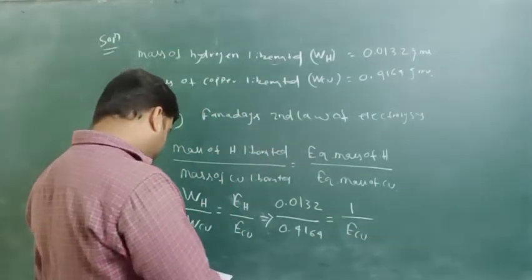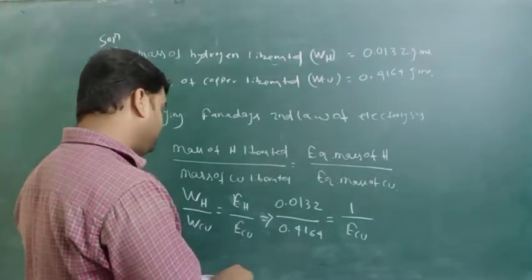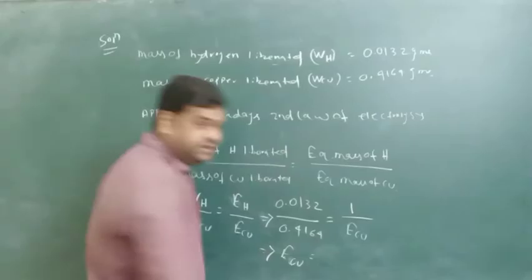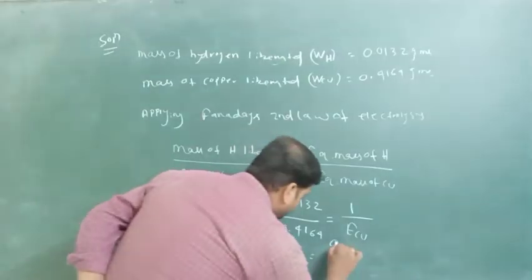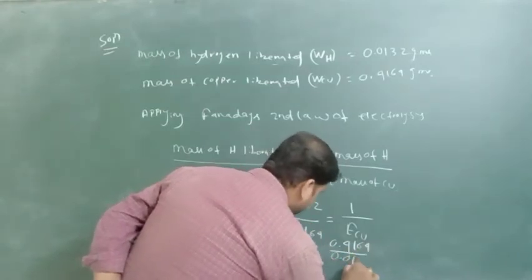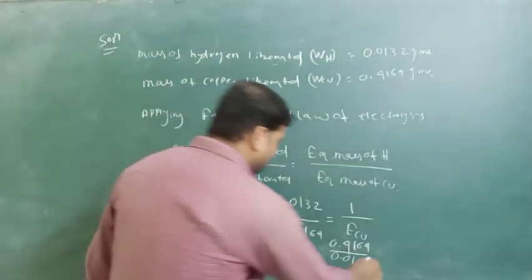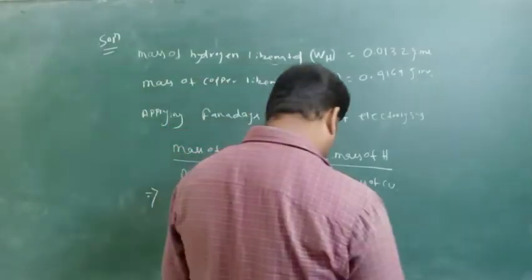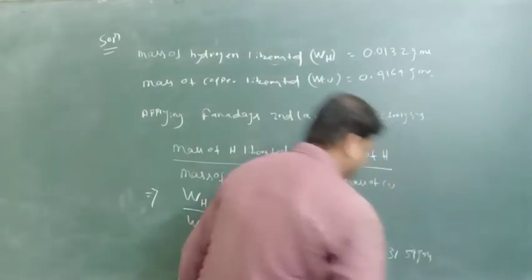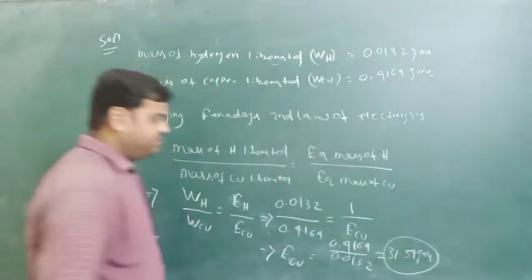So ECu is equal to 0.4164 divided by 0.0132. The value will be 31.54 grams. 31.54 grams is the equivalent mass of the copper.